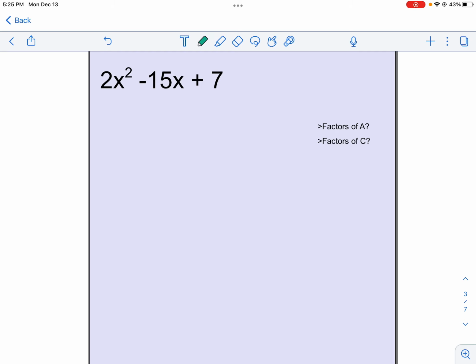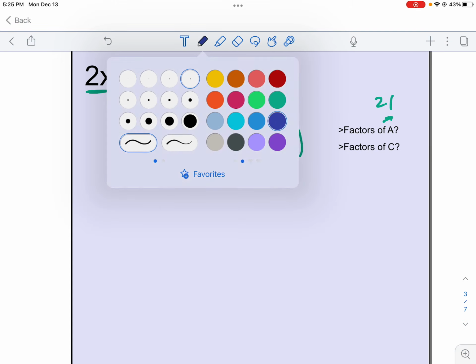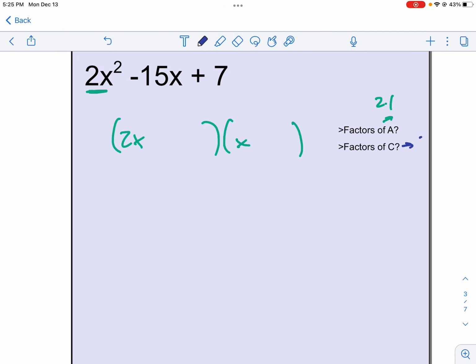Notice brute force is going to be good for this one because 2x squared is guaranteed to split like this, 2x and x. The only way for me to get 2x squared is 2 times 1. Very similar with C. C is going to be 7 times 1. It could be 2 negatives. And that's really it, right? So you could have plus 7 plus 1.